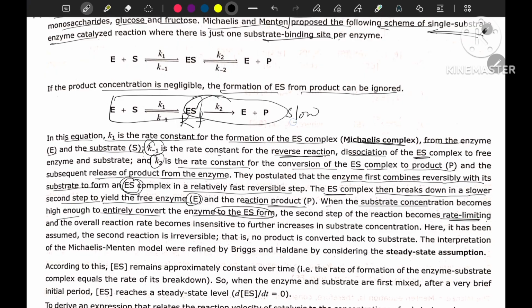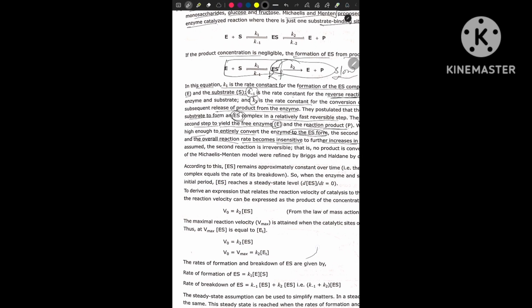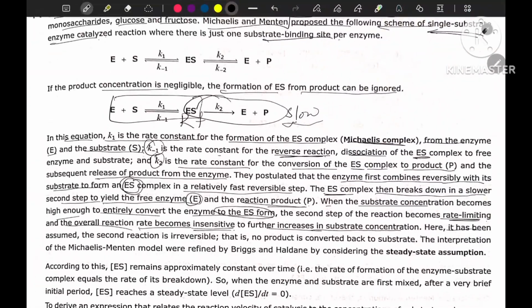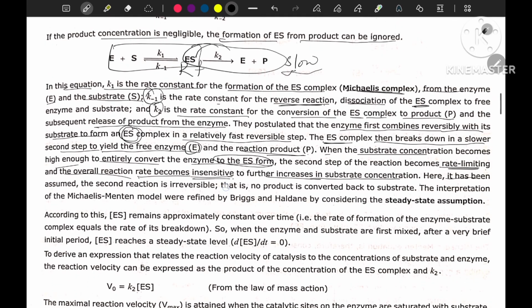Because this is slow, this will become rate limiting, and the overall reaction rate becomes insensitive to further increase in substrate concentration. Here, it has been assumed that the second reaction is irreversible, that is, no product is converted back to substrate.